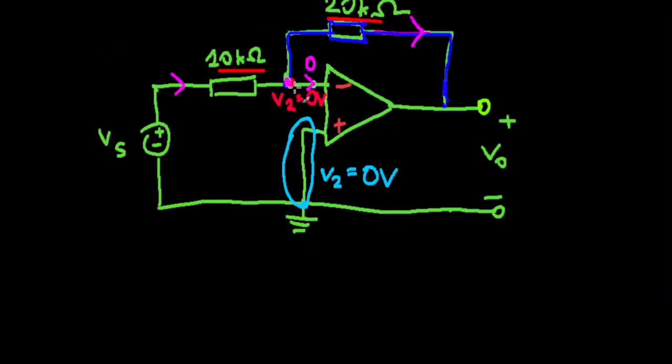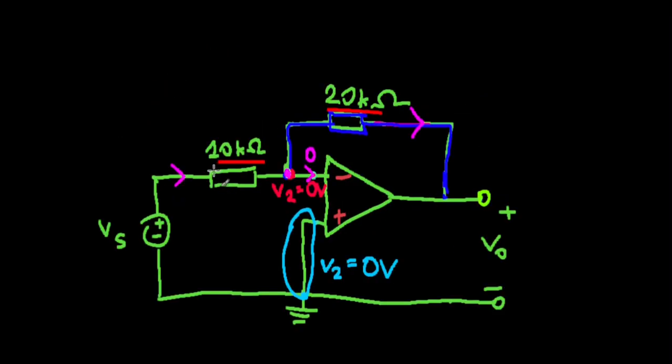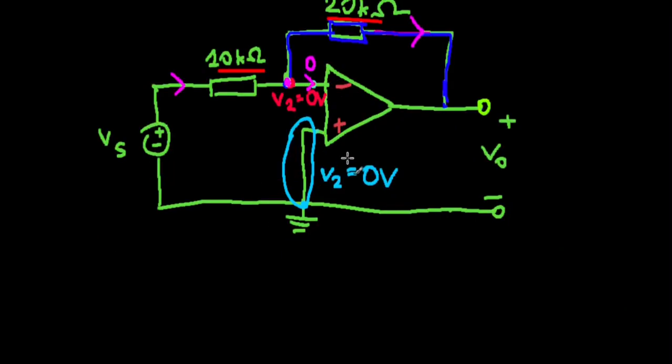Anyways, let's apply KCL here. The current entering has to be equal to the current exiting. So this current has to be equal to this plus zero. Well, the zero would just disappear.